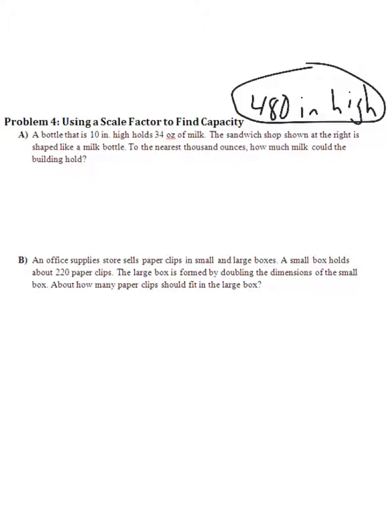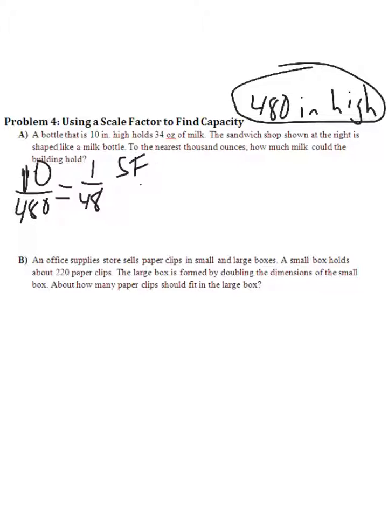Okay, so what we're going to do first is the scale factor ratio. So the bottle is 10, and the building is 480. Okay, I can simplify that down to 1 over 48. This is my scale factor ratio. So that is my scale factor.